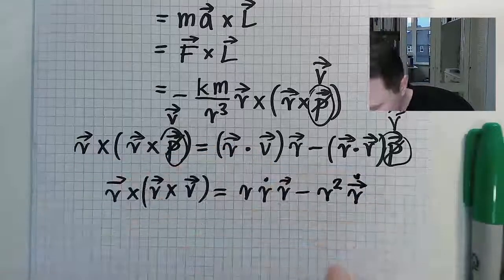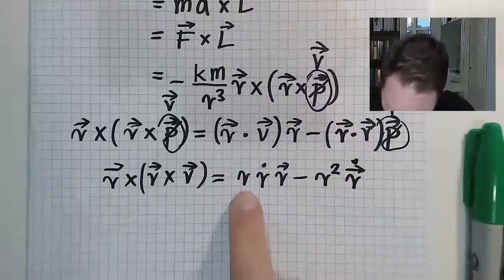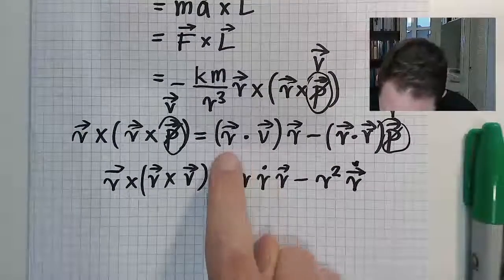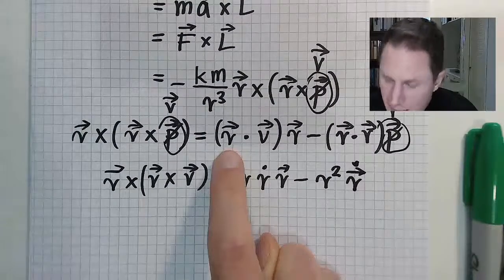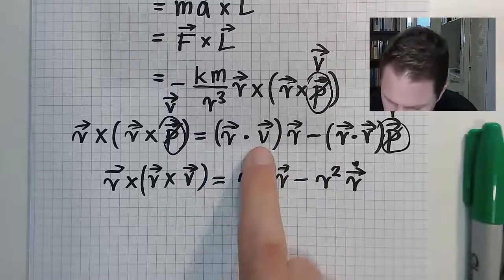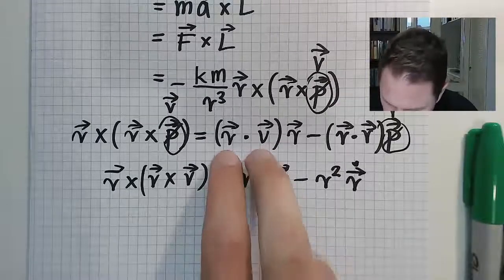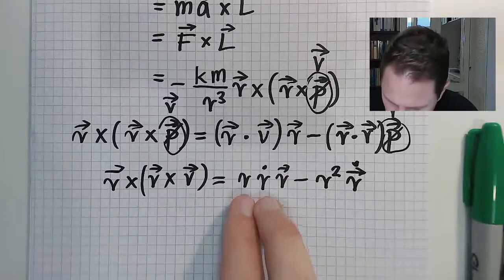Well, you might be wondering why I can just say that the scalar product of r and v, that is r dot, as vectors gives me the product of their lengths.